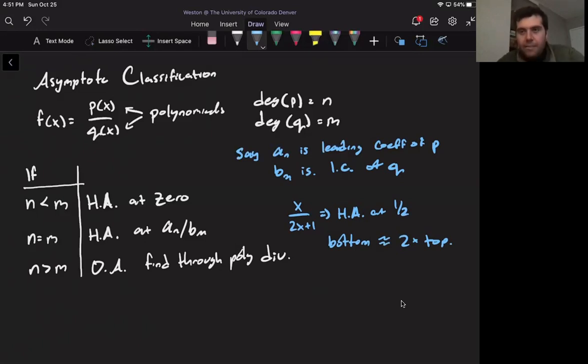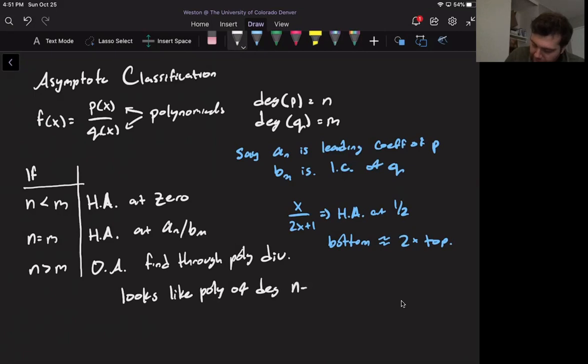And if we have an oblique asymptote, then all we're doing is using polynomial division to find it. And it'll always look like a polynomial of degree n minus m.